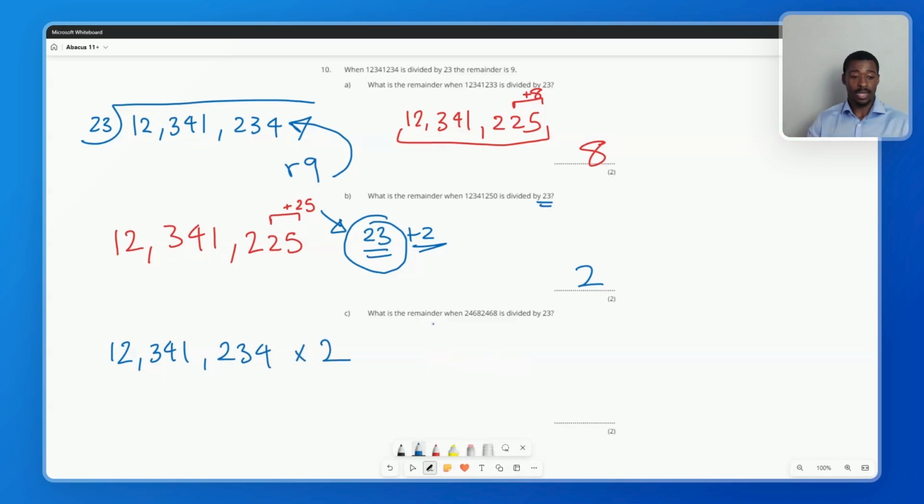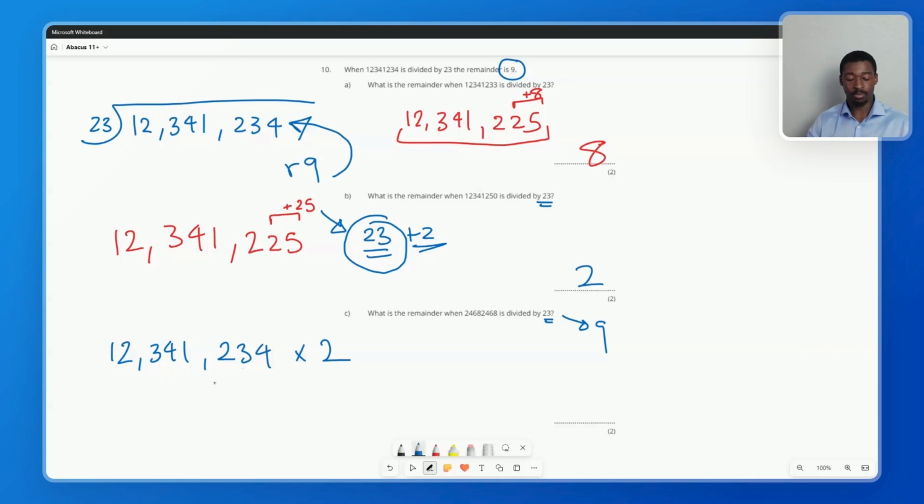So let's think about this. We know that for 12,341,234 divided by 23, the remainder was 9. We're told that in the question. But what happens to the remainder when we divide a number twice as big?